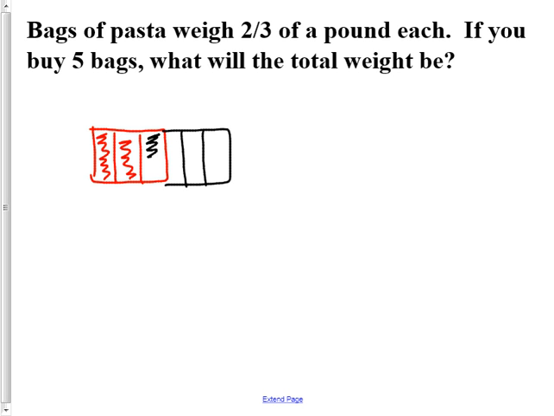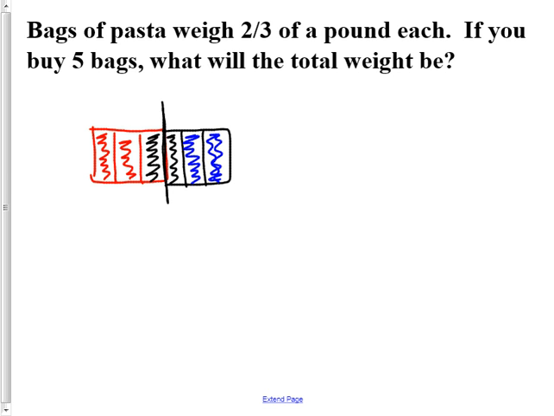So I'm going to shade 2/3 of that. Notice I've now used 1 1/3 pounds, or I now have 1 1/3 pounds of pasta. And I have enough space here still for another bag of pasta because each bag is 2/3 of a pound. So I've now got 3 bags of pasta, which is a total of 2 pounds.